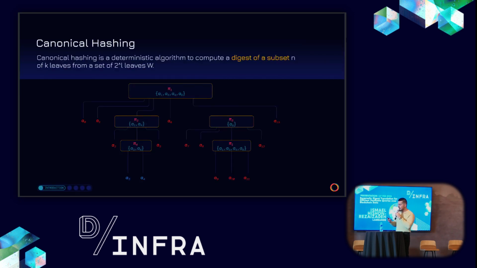The core of how this is done is an algorithm that our team has proposed called canonical hashing, which allows us to represent in a deterministic fashion the set of elements contained below a given branch node, in a way that every proof can assert the inclusion of the set of elements contained below it.